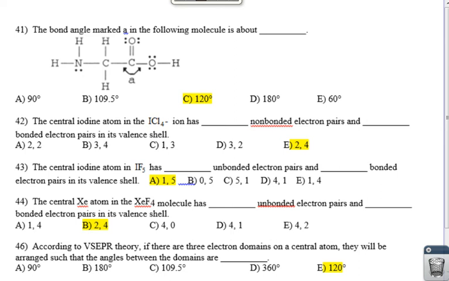Why is this one 120? The way it's drawn, it looks 180, doesn't it? It's been drawn very poorly. Look at the drawing. The carbon is going in 1, 2, 3 directions. So that's actually trigonal planar, which is why the angles would all be 120s. A lot of times people do bad drawings just to make it fit on the paper.